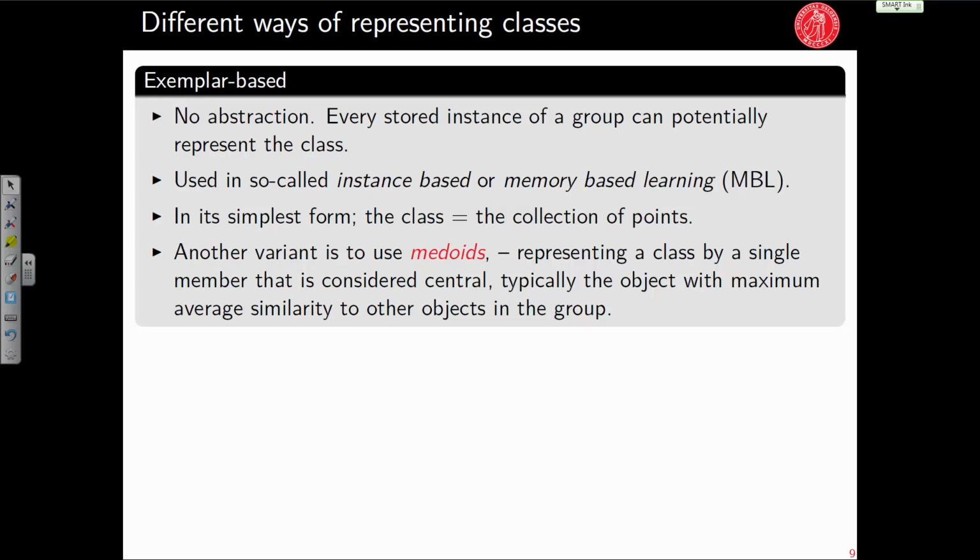That is the feature vector with the maximum average similarity to all other documents in the class. We compute pairwise similarity with all other instances in the class, and we find the instance that has the highest average similarity. That would be the representative of our class, so this instance would be the representative of the China class, for example.